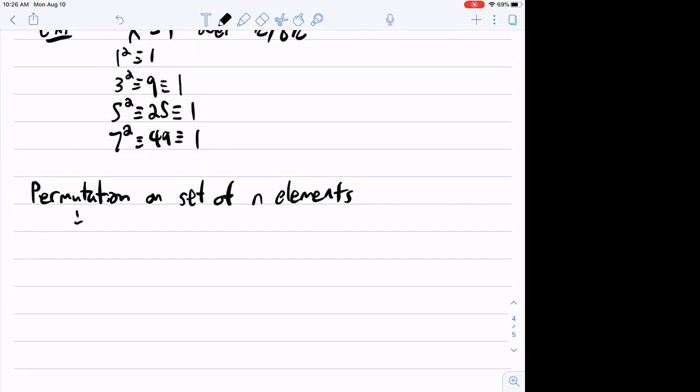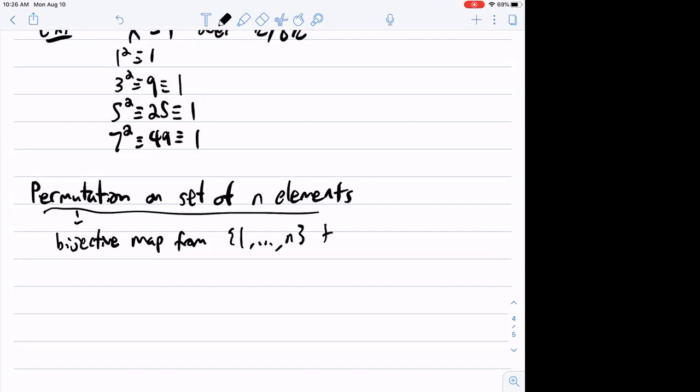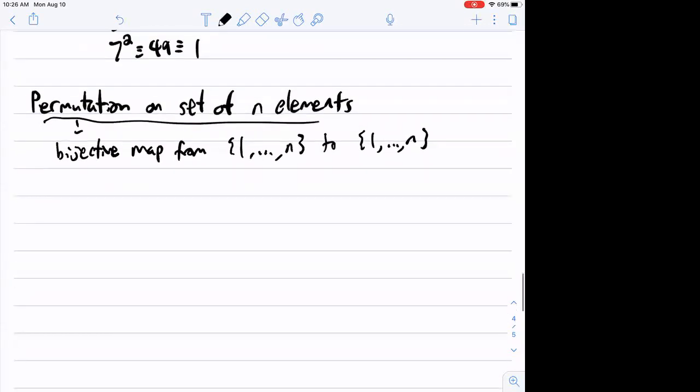This is a bijective map from 1 to n to 1 to n. Hopefully you all know what bijective means, right? It's injective and surjective. In other words, it's invertible.